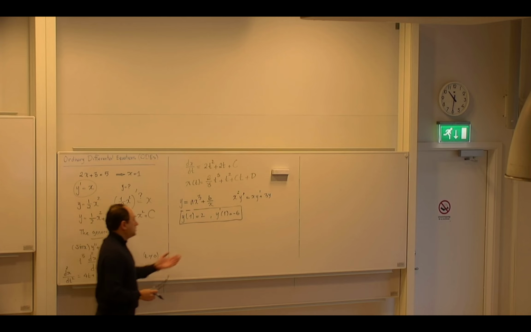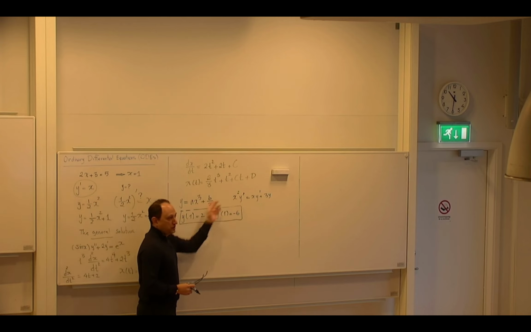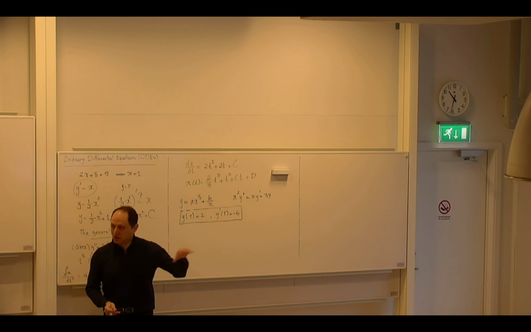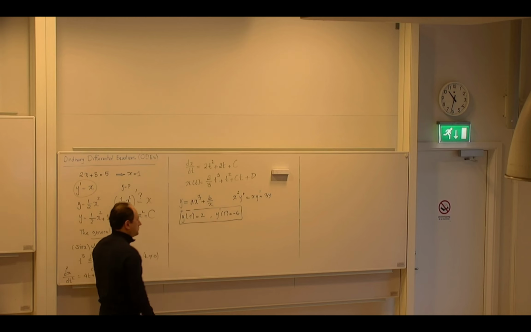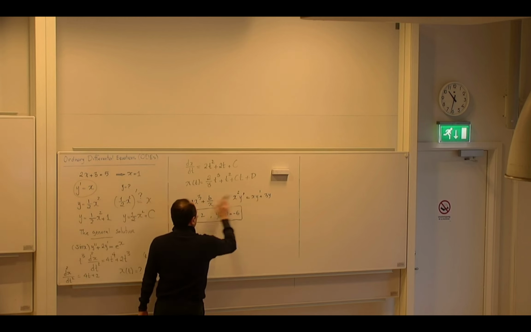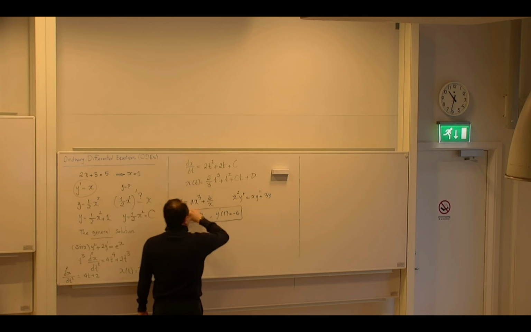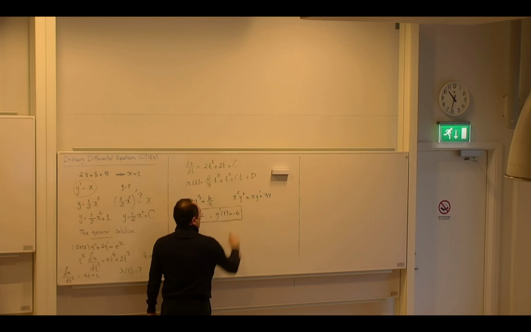Okay? A differential equation is given to you, a solution is also proposed. What you want to show is to confirm that yes, this is indeed the solution. So what I have to do is calculate y prime and y double prime and put them in this equation to see if this equality holds or not. So simple. So I need y, which I have. I need y prime, that's my duty to find it, and I need y double prime.